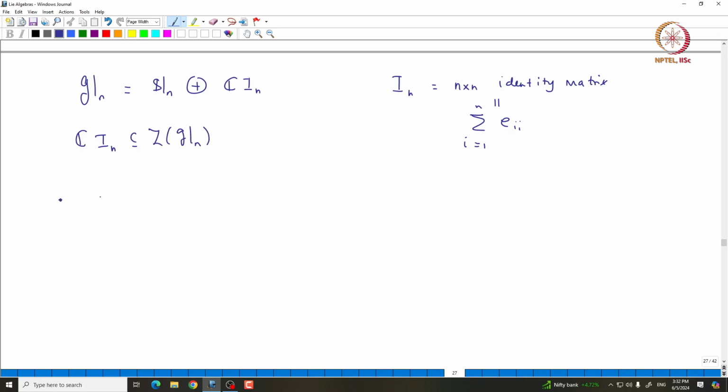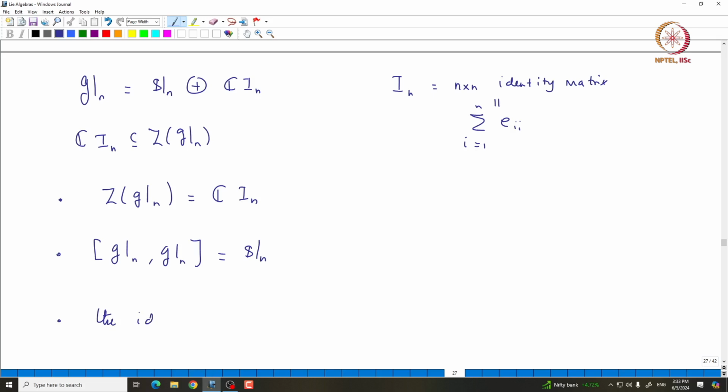Okay. So, here is the claim: the center of GL_n is exactly the one dimensional space spanned by the identity, and if we take the derived algebra of GL_n, that is going to be exactly equal to SL_n. And moreover, one can also determine all the ideals of GL_n.